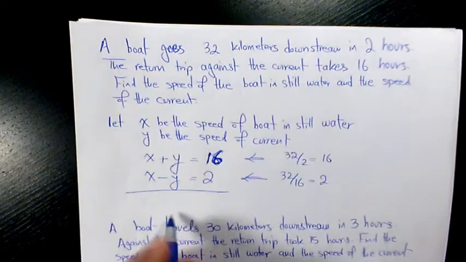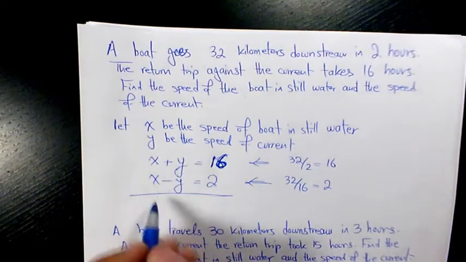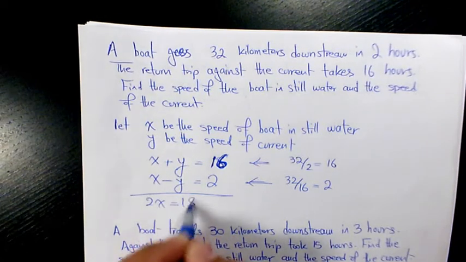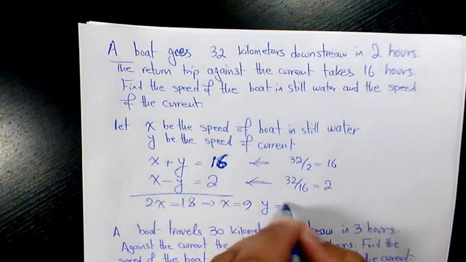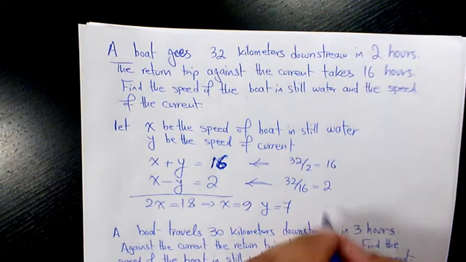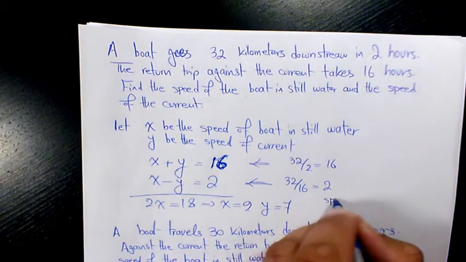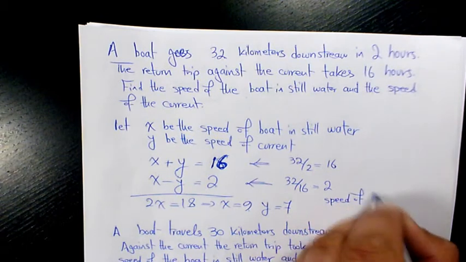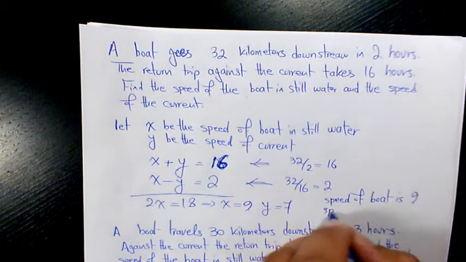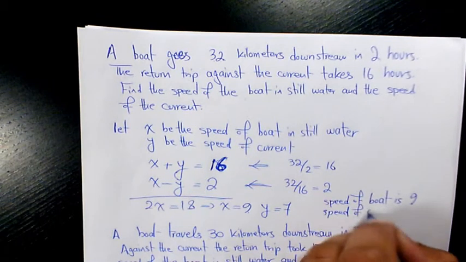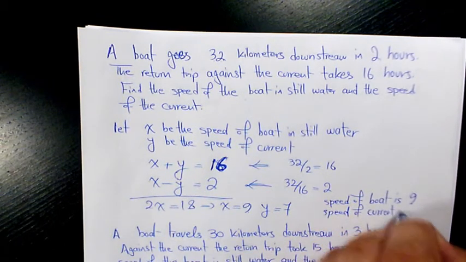So I'm going to use the elimination method. When you add these, the y terms cancel out, and 2x will be 18. So x is 9 and y is 7. So the speed of the boat is 9. The speed of the current is 7.